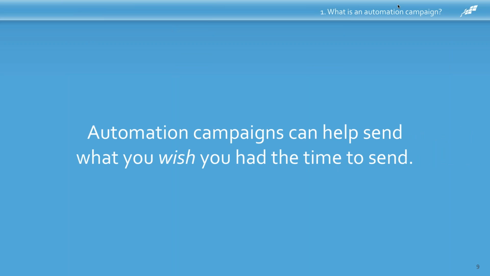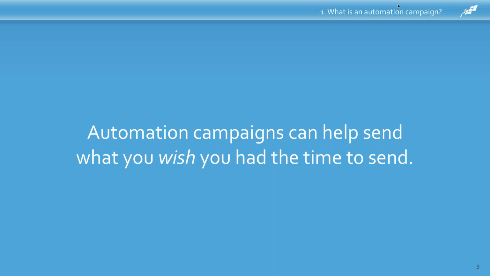And so let's talk about how automation campaigns can help send content, send the message that you want people to know all the time. So think about when someone walks into your store, what is it that you want them to know about your business?